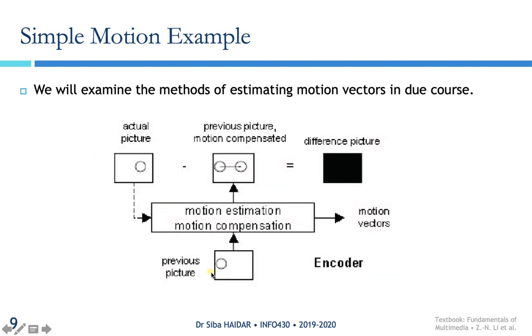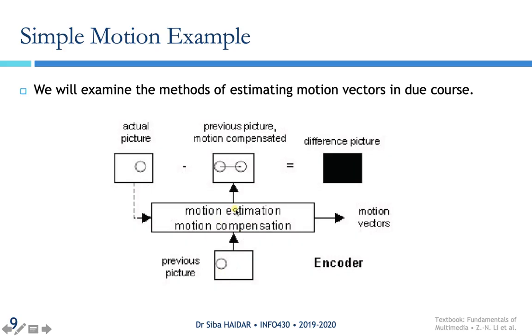You have the previous picture. You don't want to send your actual picture. You want to send a difference picture, but before making the difference, you will estimate the motion. In the next slides we will explain how we calculate the motion vectors.